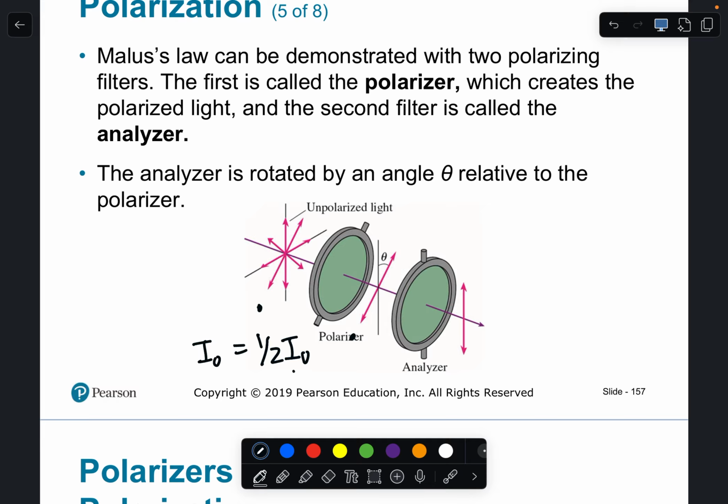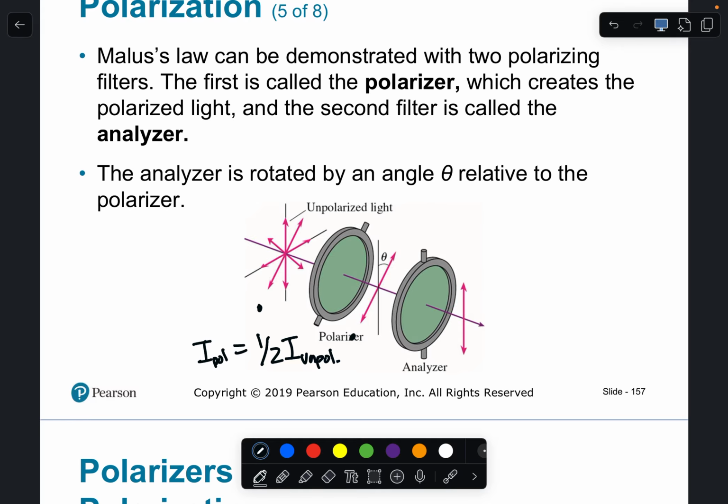So for I unpolarized to I polarized, it only changes by 1/2. Doesn't matter what the axis is, okay? The reason for that, we don't really dive into it, but it's an average, right? Unpolarized light has an E field in every direction, so the average intensity goes down by 1/2.